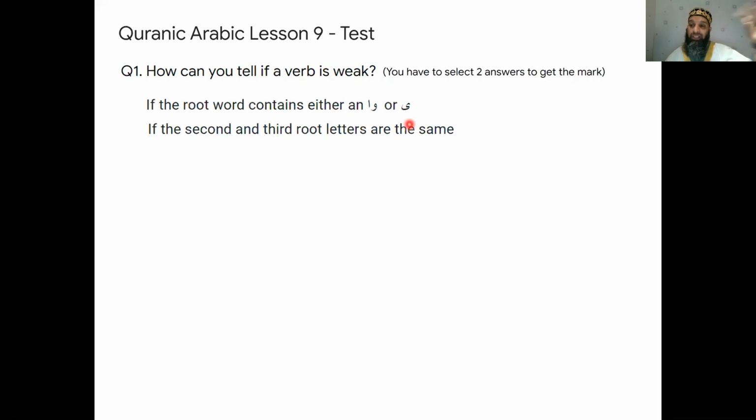There are 4-lettered and further root verbs as well, but we're not going to touch them because they only consist of about 5% or 10% of the Arabic language. The root words that have 3 letters consist of about 90 to 95% of the Arabic language. So that's what we've concentrated on, to give you the biggest bang for the buck, right? So when the second and third root letter are the same, it's also a weak verb.